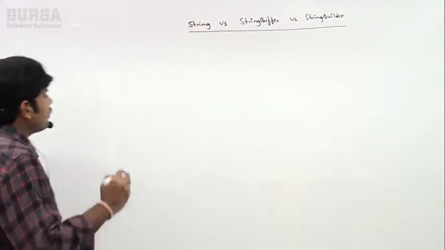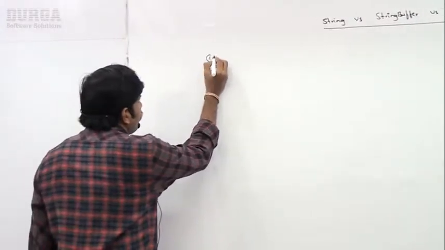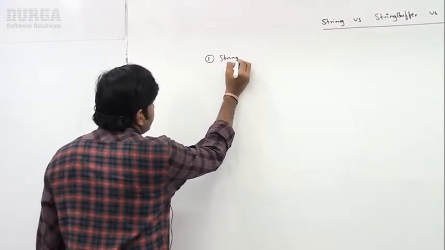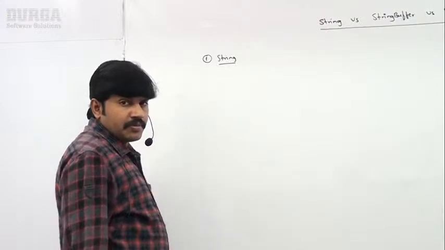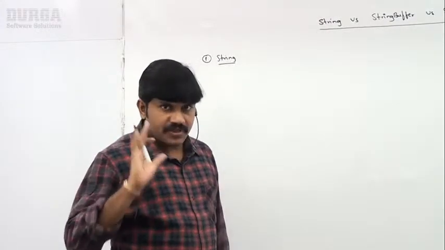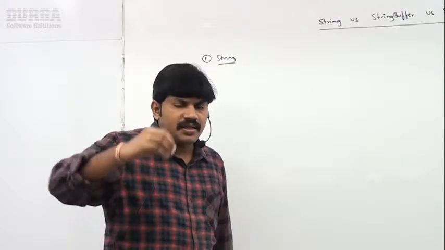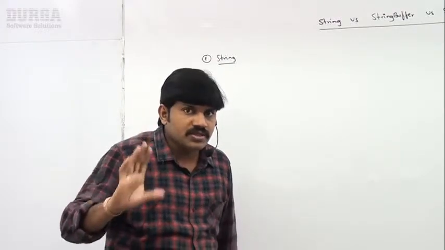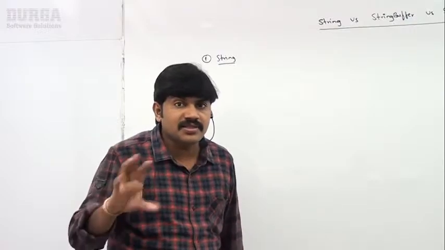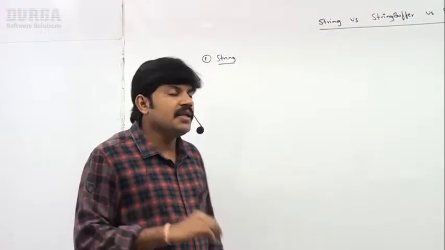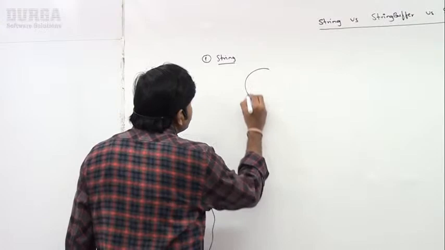Very simple. When should we go for the string concept? Just observe. If the content is fixed and is not going to change frequently, it is highly recommended to go for the string concept.